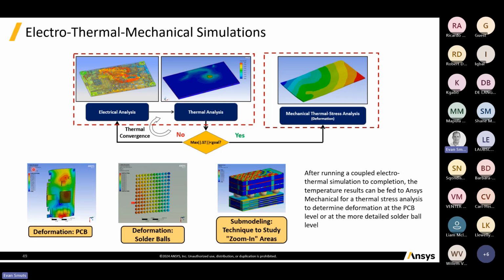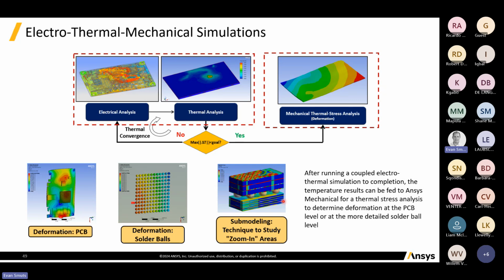So, when you look at the full scale, you get the general behavior of the board, but you're unlikely to capture all the details, for example, at the solder ball level, what's actually happening in the solder ball itself. So this is where we could use a technique called sub-modeling, where we take the deformation plot of the global model, the big PCB, and map that onto a much smaller model.